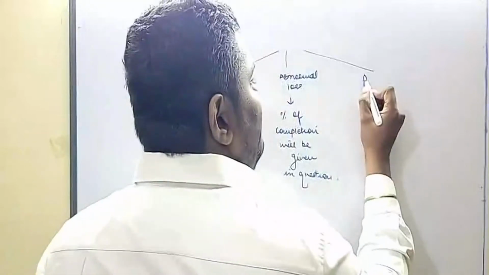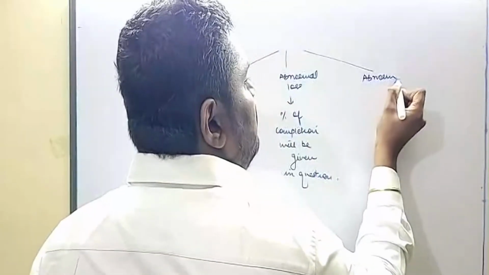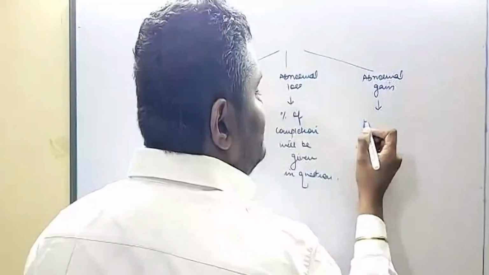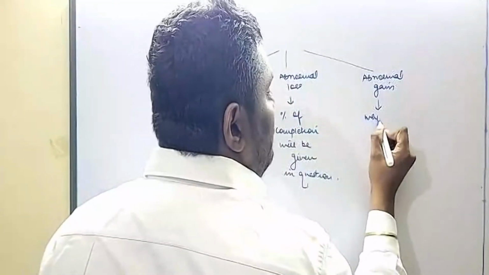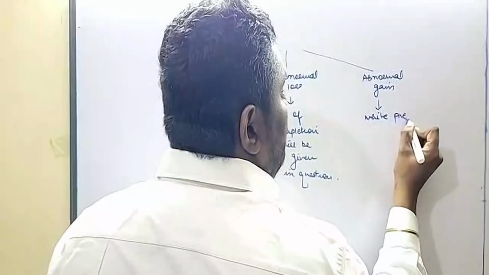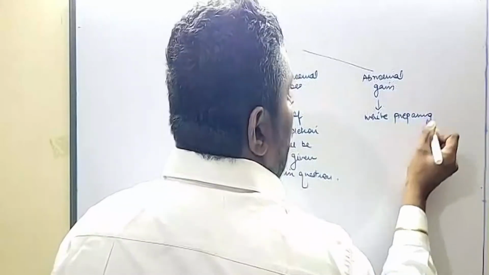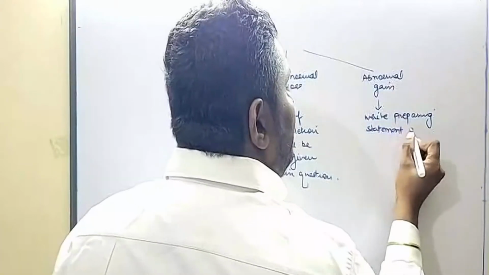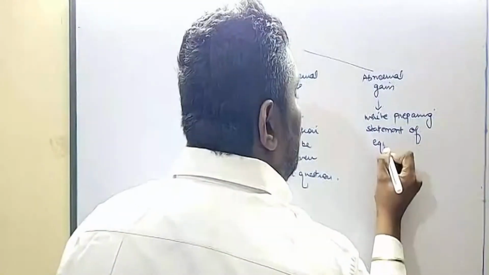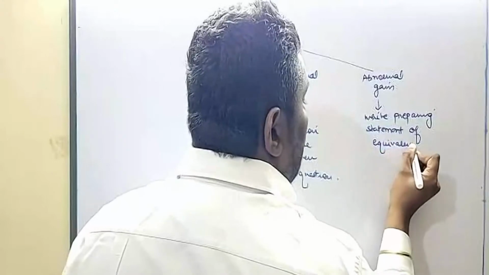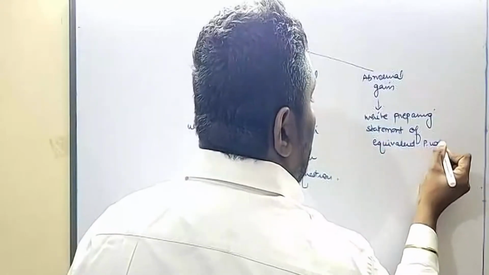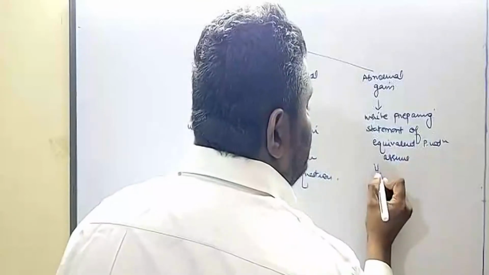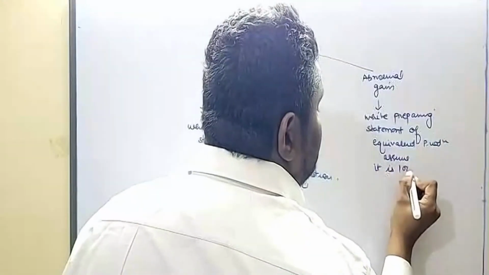As far as if any abnormal gain is concerned, then always assume while preparing statement of equivalent production, it is 100% complete.